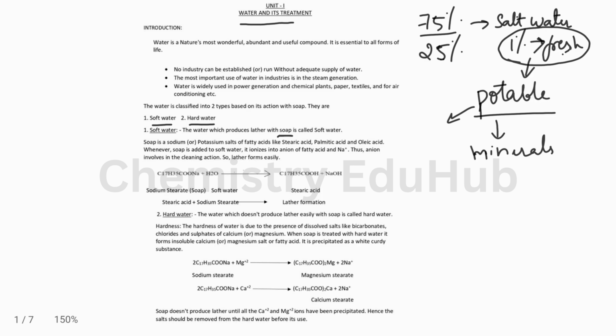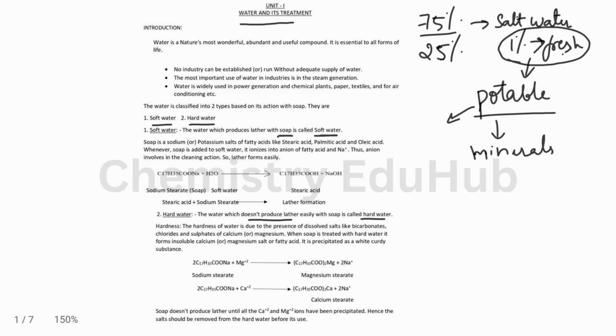So if the soap lather is heavy, such water is considered to be soft water, which is very, very helpful for our daily activities. But if the water doesn't produce any kind of lather or produces very less lather, such water is called hard water.